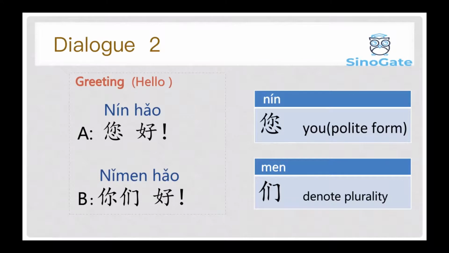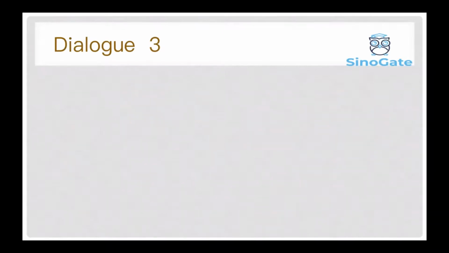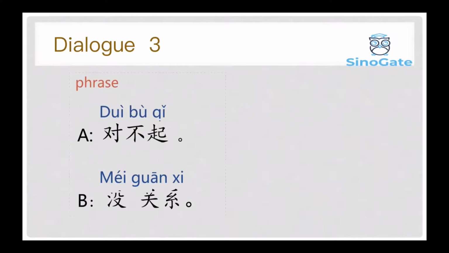The dialogue 2, 您好. 你们好. And in this first part of the lesson, we know about the greetings. 你好. 您好. 你们好.